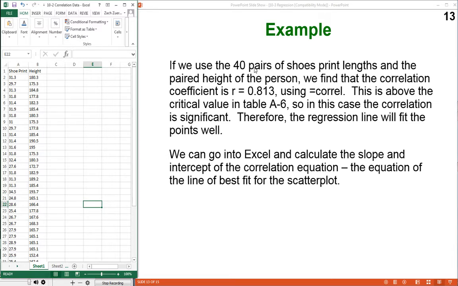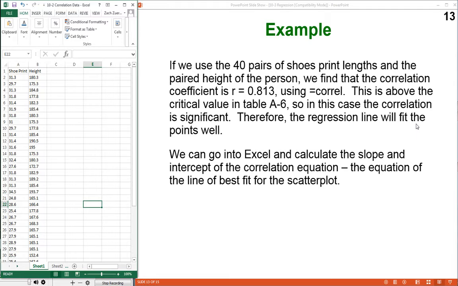If we use the 40 pairs of shoe print lengths and the paired heights of the person, we find that the correlation coefficient is 0.813 using the correlation function in Excel. If we go back to table A6, which you can see in PowerPoint 10-2, you'll see that in this case, the correlation is strong enough to be significant. So the regression line is going to fit the points reasonably well.